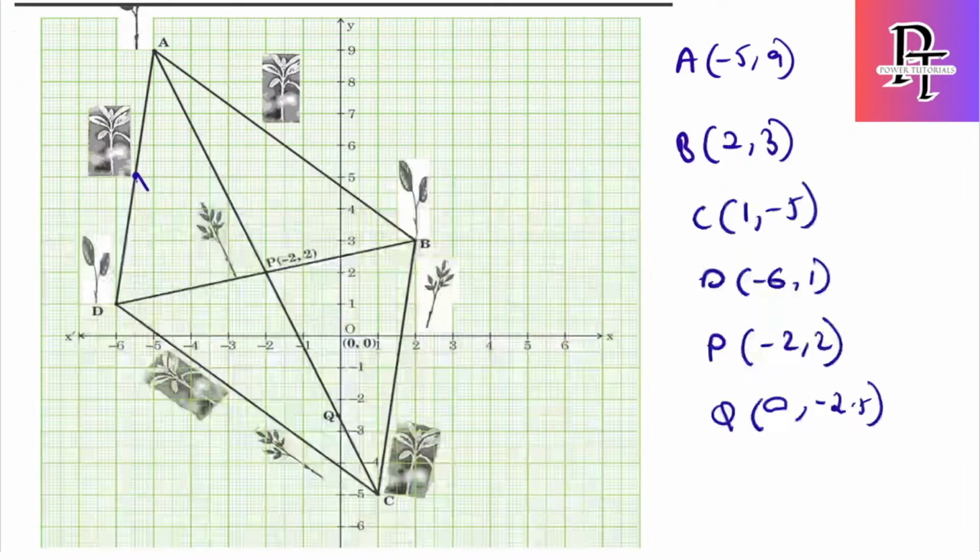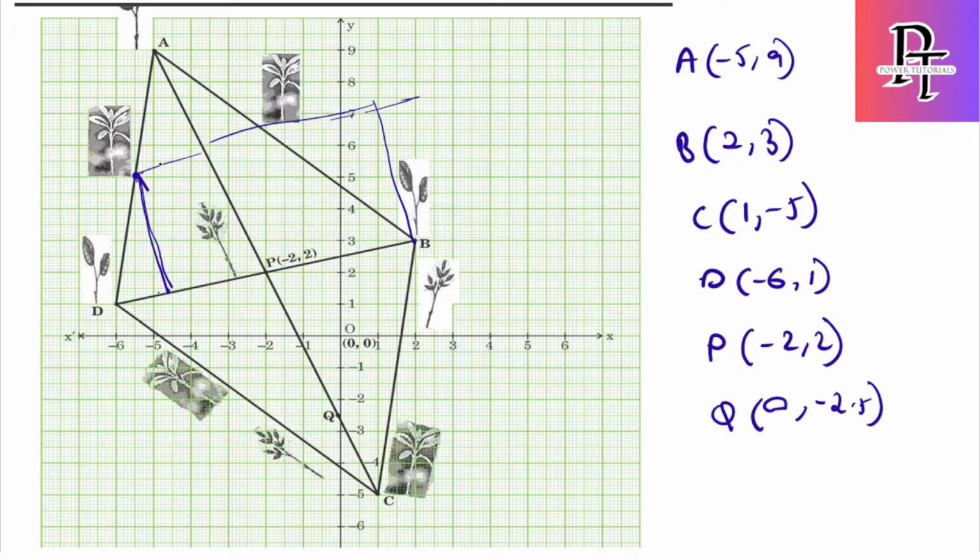The other solution I suggest: if you have a scale and you can exactly draw a line from this point which is perpendicular to this line, I'm not saying you should do it, but if you are able to draw it exactly, and then do the same perpendicular line from here also and draw the line, it will be somewhere like this, which is parallel to BD.